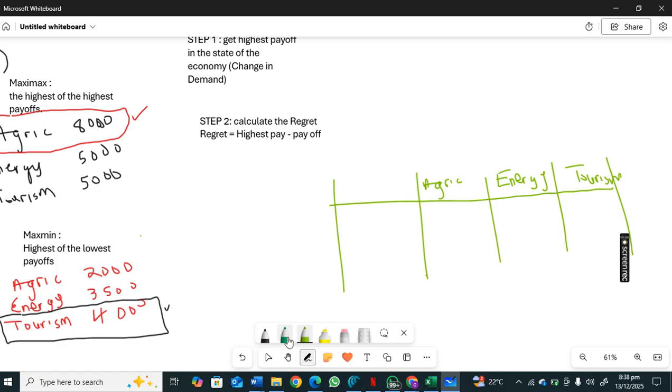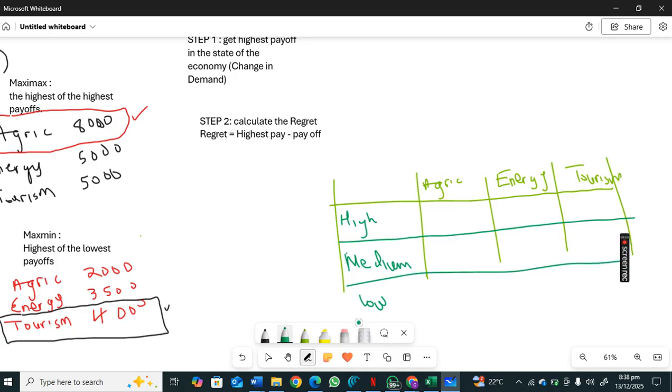Then we have the changes in state of demand here. Let me just put high, medium, and then low. So we're going to calculate the regrets for each of them. And remember, regret is just highest payoff minus the individual payoff.